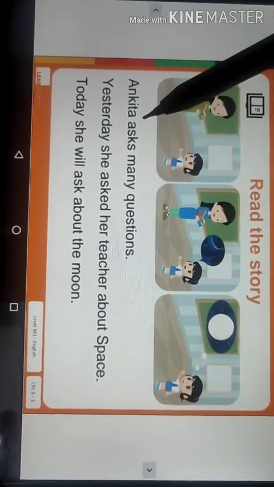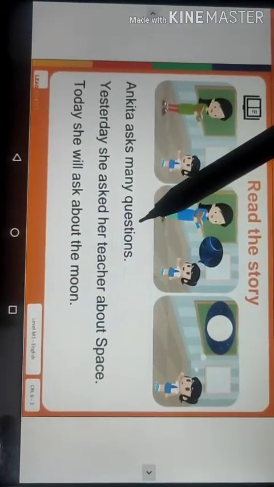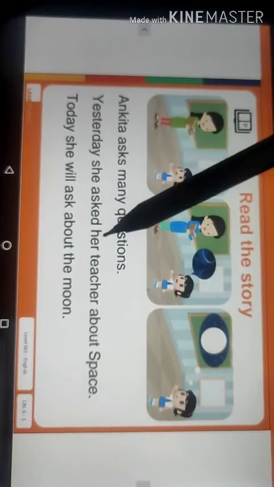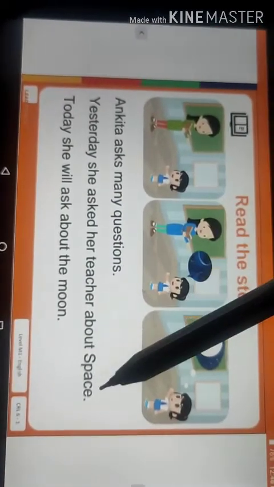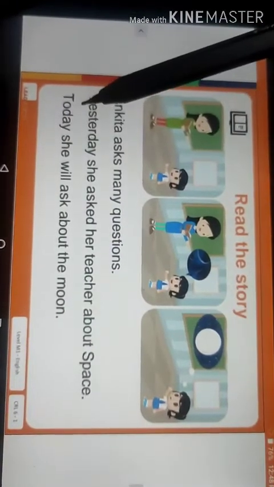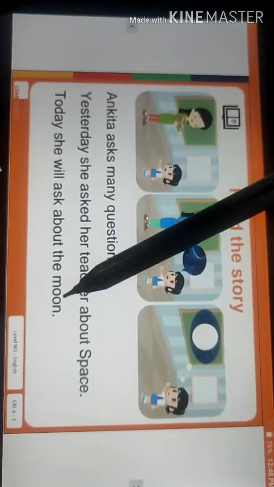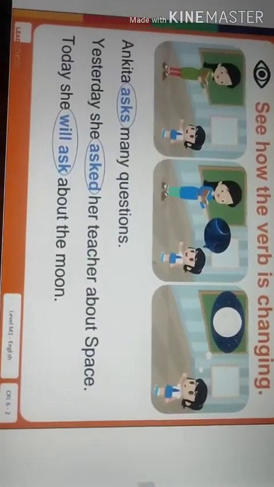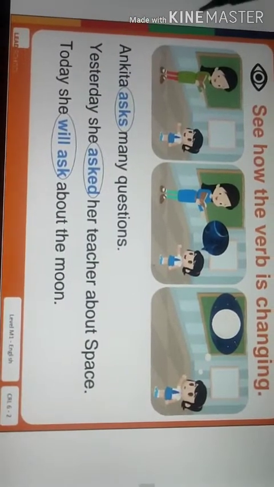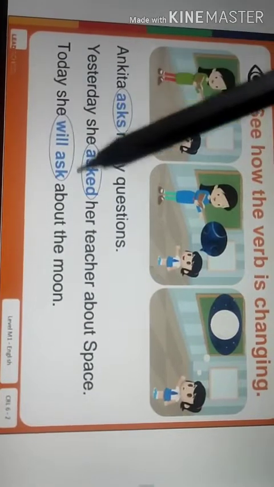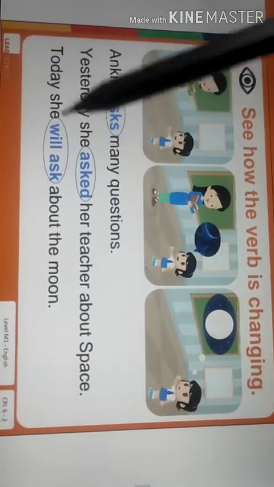Ankita asks many questions. Yesterday, she asked her teacher about space. Today, she will ask about the moon. See how the verb is changing: asks, asked, will ask.